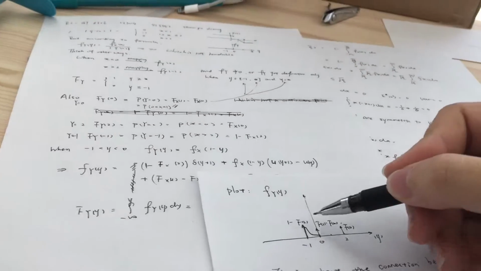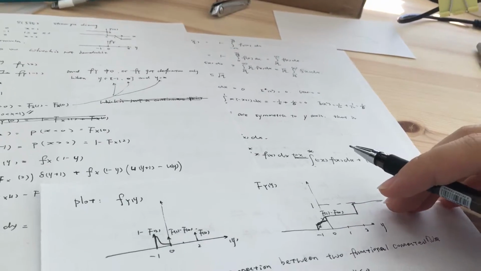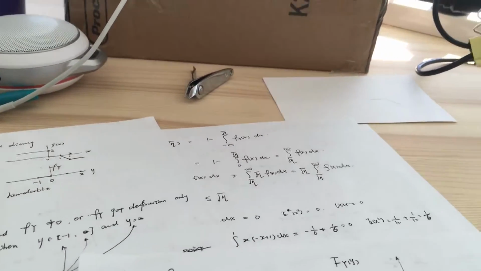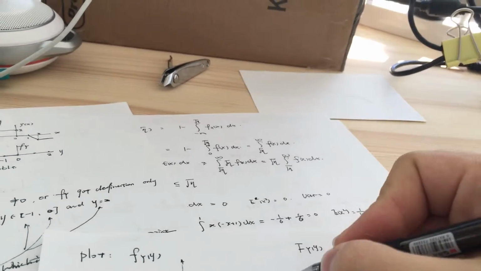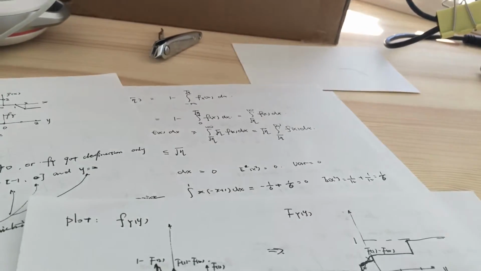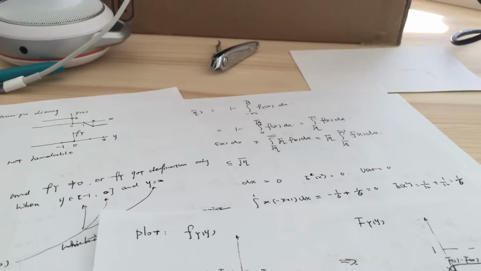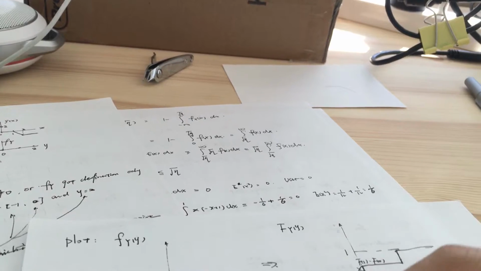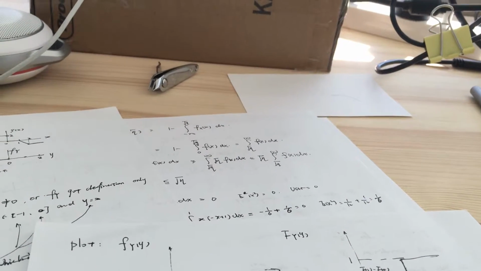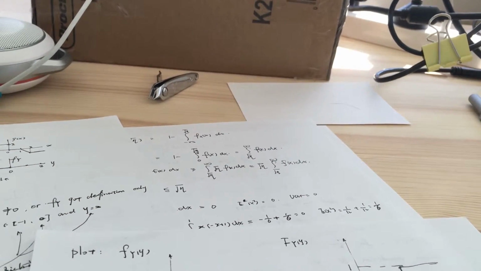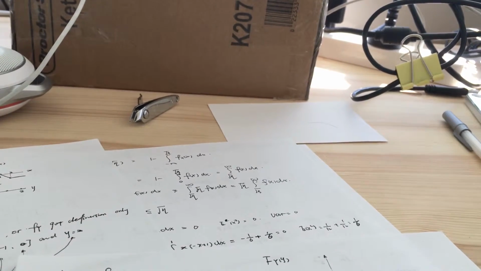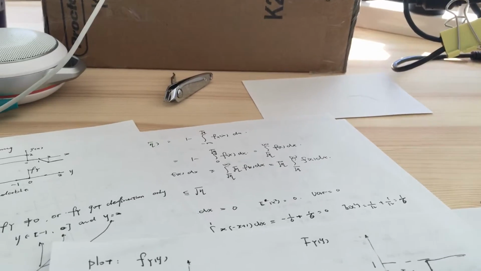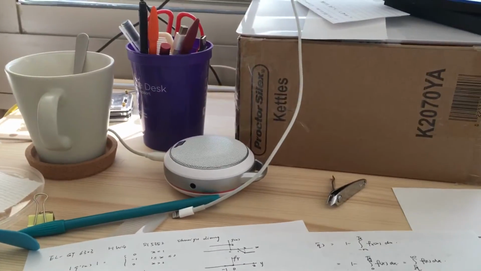So just draw it here, and using this with a little integral we get F_Y, which is a step function here, raised continuously, and another step function here, all the way through to 2, which adds nothing, and another step function added to 1. So that is probably question number 1.